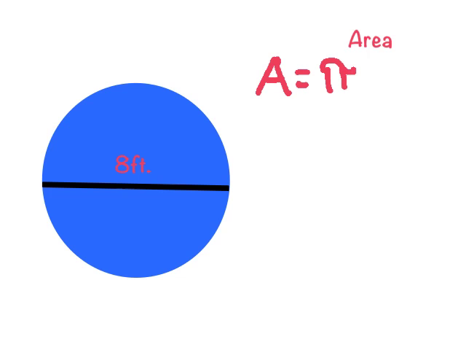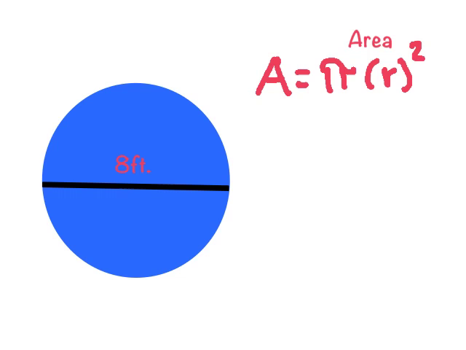The area of a circle is pi times the radius of the circle, but we have to do something very special to that radius. Before we multiply it times pi, we have to square that radius. Remember that exponent 2 means you take that number times itself. So here's my formula, and now I'm going to substitute and solve.